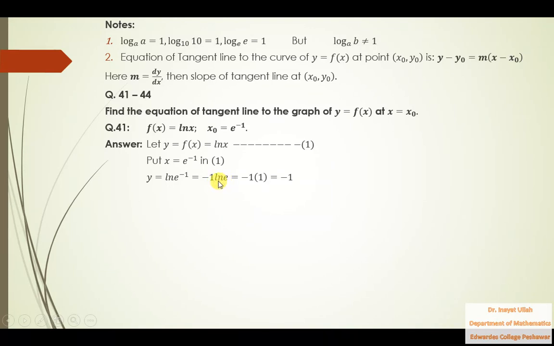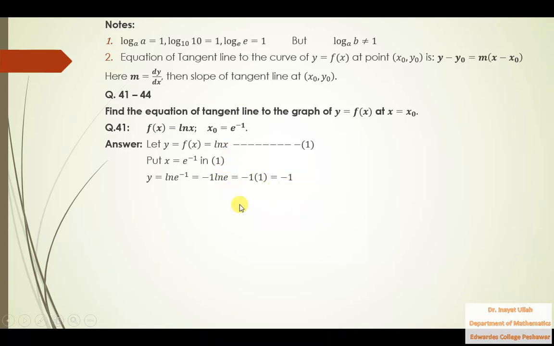We know that this ln is natural log and the base of natural log is e, so this log is actually log to the base e, and from above we see that log to the base e is equal to 1. So natural log of e is equal to 1.